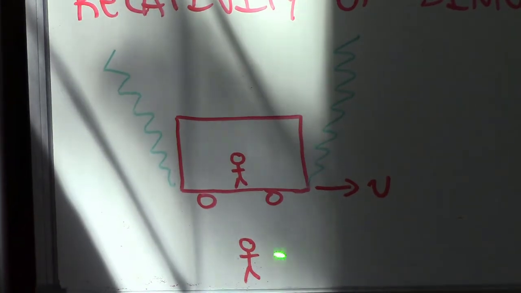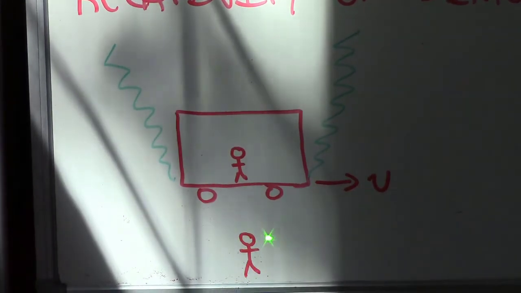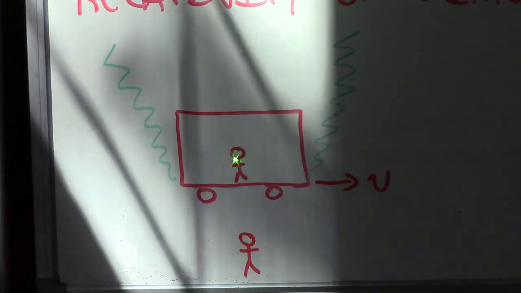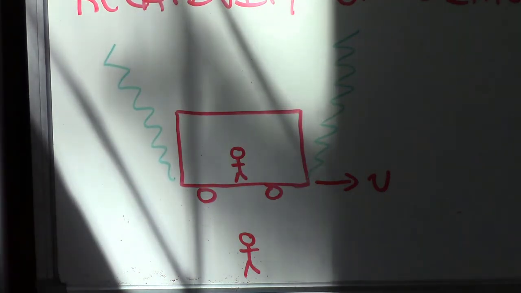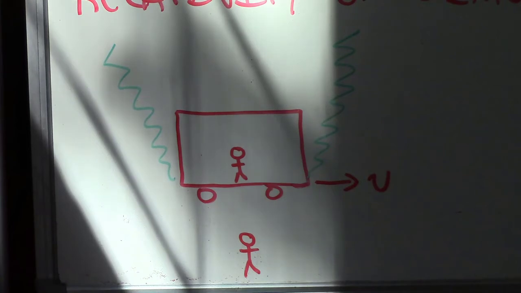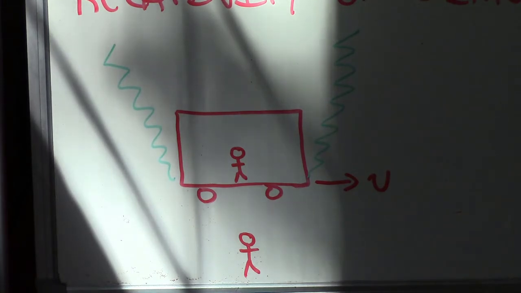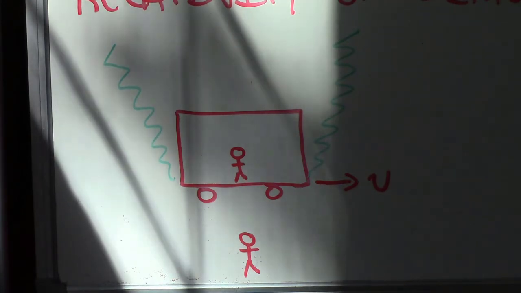So let's imagine that there are two observers. We could let one of these be S and one of these be S prime. S prime is riding along in a very, very fast-moving truck, and lightning strikes both the front and the back of this truck.